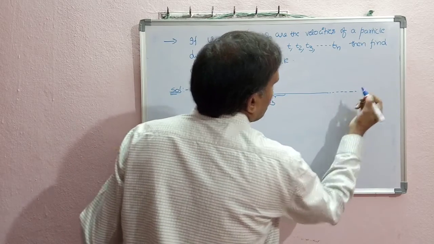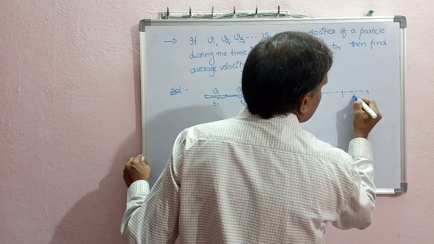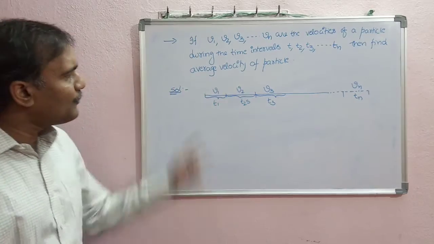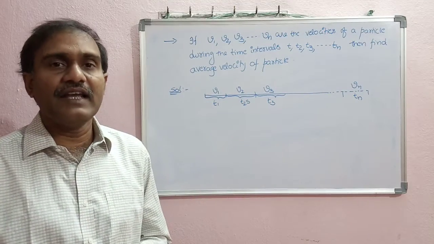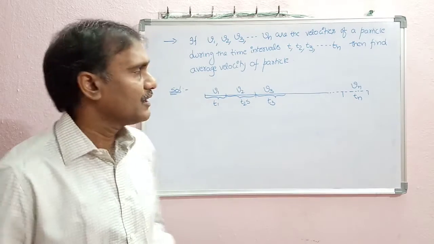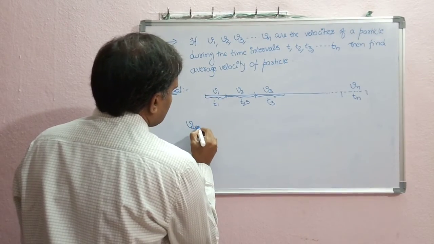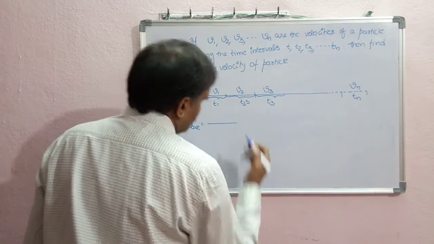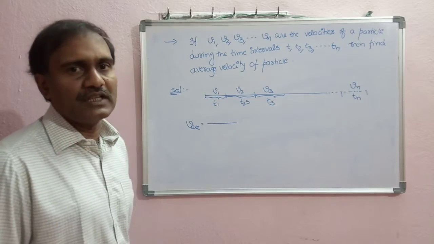So on. During the time interval tn seconds, its velocity is vn. Now for this complete journey, we want to find out the average velocity. V average is equal to total displacement traveled by the particle divided by total time interval.